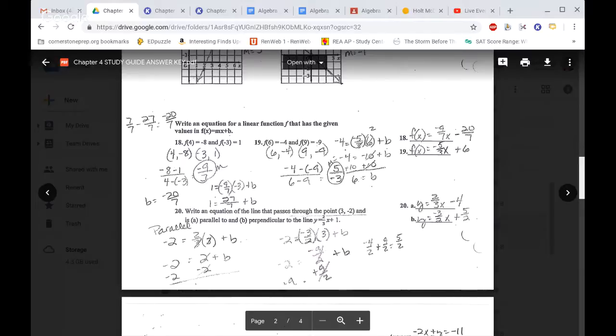Well, 7 goes into 27 3 times. But you left out one of your negatives, because a negative times a negative is a positive. But 7 goes into 27 3 times with 6 left over. So it would be 3 and 6/7, but it is positive because a negative times a negative is a positive.